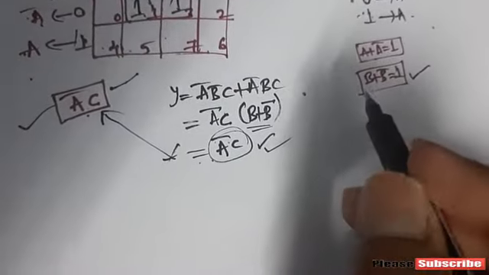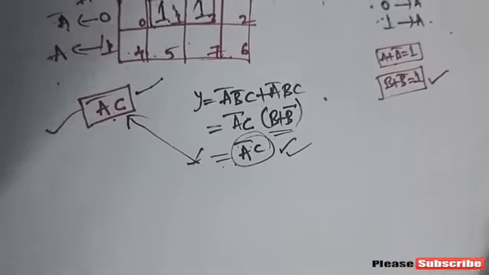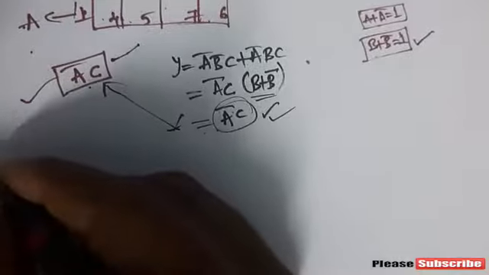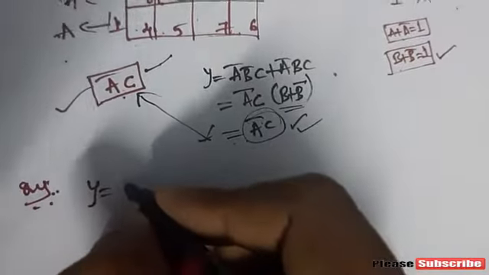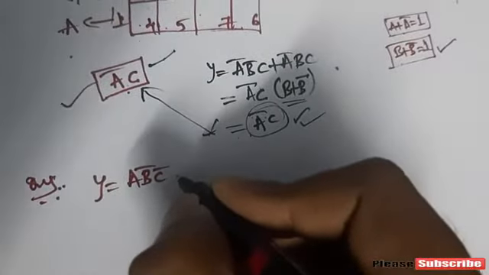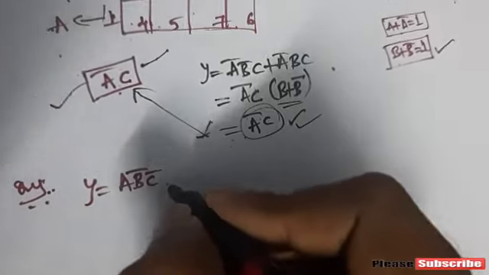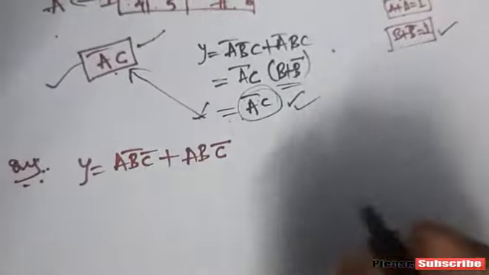Let's see one more example. Question: Y is equal to A B bar C bar plus A B C bar.